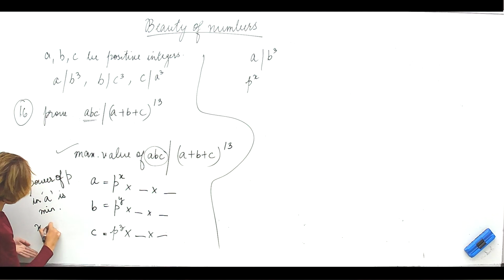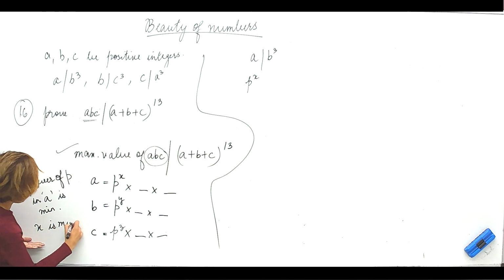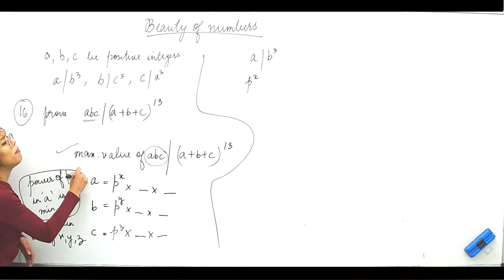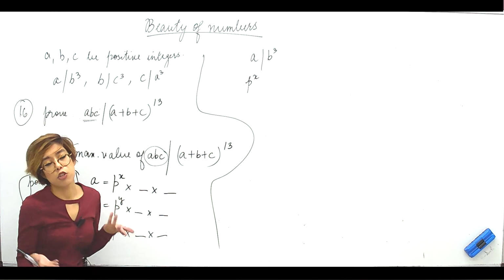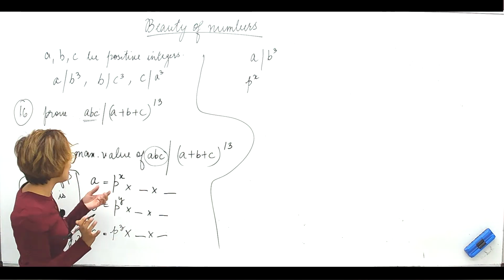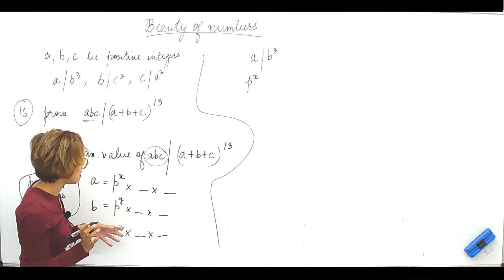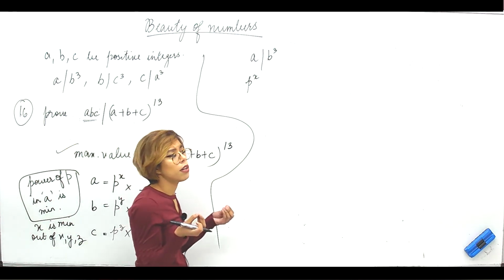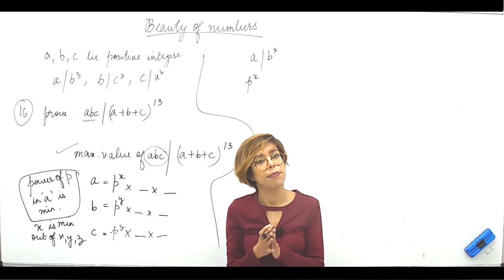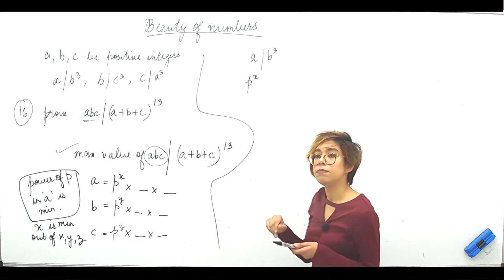Or basically I am saying that X is minimum out of X, Y and Z. Because I have to start from somewhere, right? Something has to be the minimum, right? Out of the three numbers, something has to be the minimum quantity. It can be X, it can be Y, it can be Z. But for the sake of arbitrariness, I can say that X is the minimum one, right? Because I have to start from here.